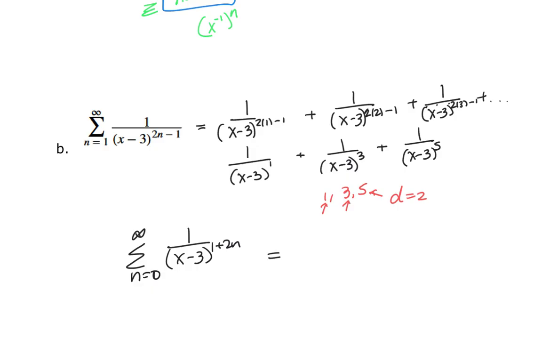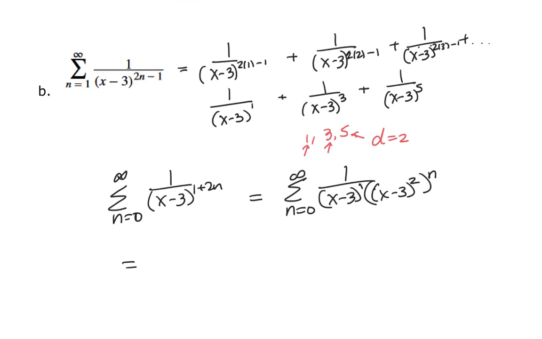Now, I'm going to do the same thing as I did before, which is rewrite this as the summation of n equals 0 to infinity of 1 over x minus 3 raised to the 1, and then x minus 3 raised to the 2 raised to the n.